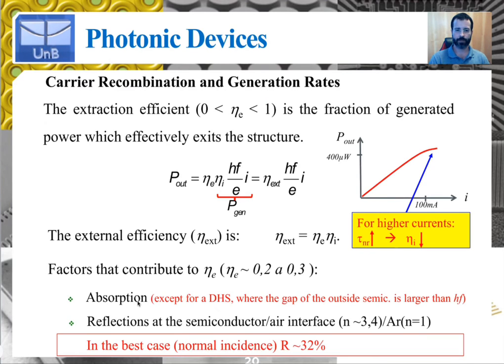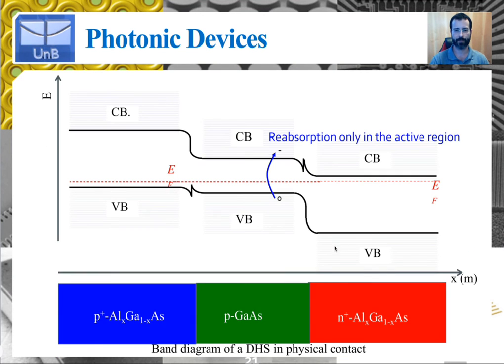So absorption is an issue, and part of the light that is generated by stimulated emission will be reabsorbed by the material, except if you use a double heterostructure and the gap of the outside semiconductor is larger than the energy of the emitted photons, then the absorption rate can be decreased.